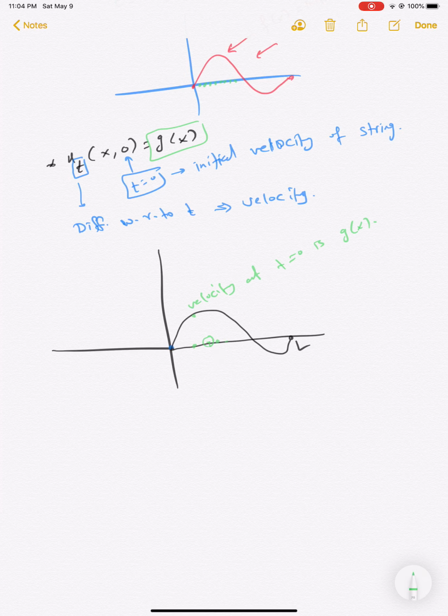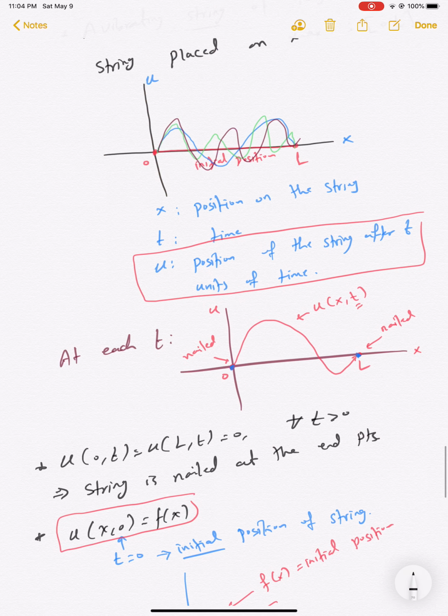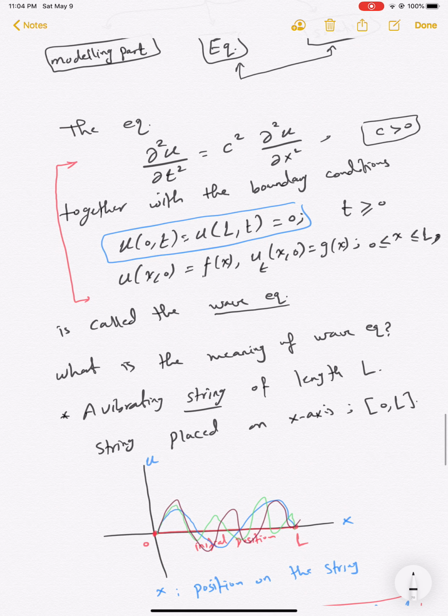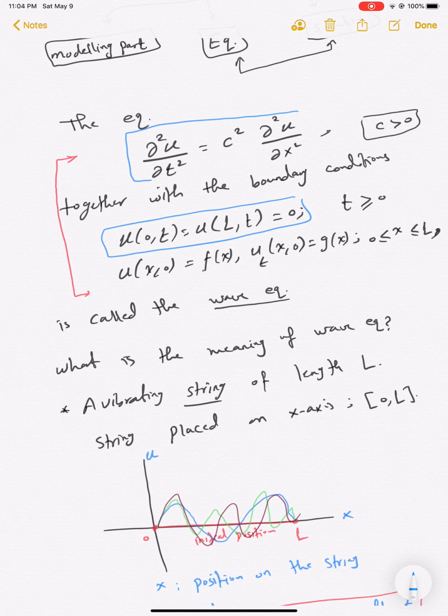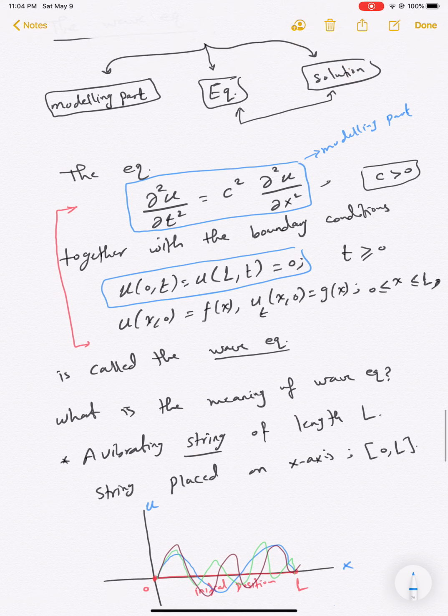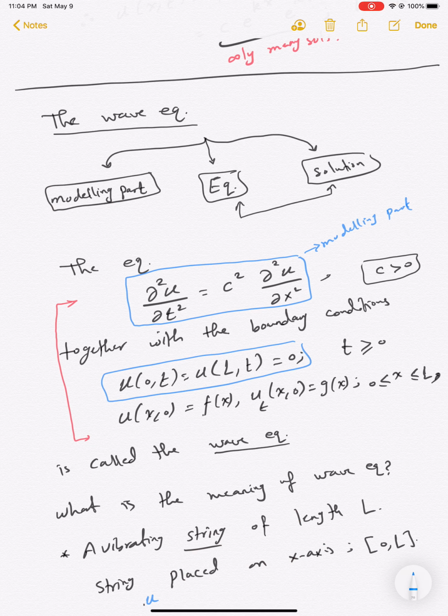So in summary, what do we have? We have this wave equation. Now, how did this equation result? It is from the modeling part. Remember from the beginning we said there is the modeling part that we did not do.